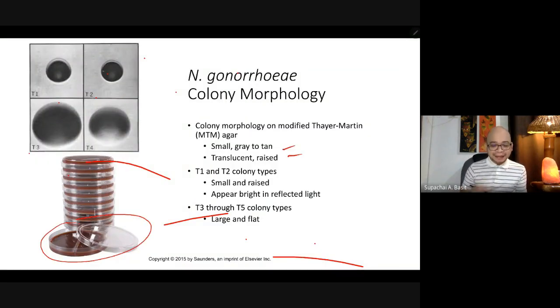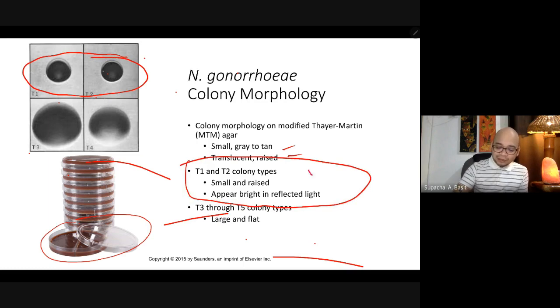Okay, but again, we have five types of colonies: T1, T2, T3, T4, and T5. T1 and T2 are expected to be small and appear bright whenever they are reflected in light. T3 and T5 are large and flat colonies. Very important, why?